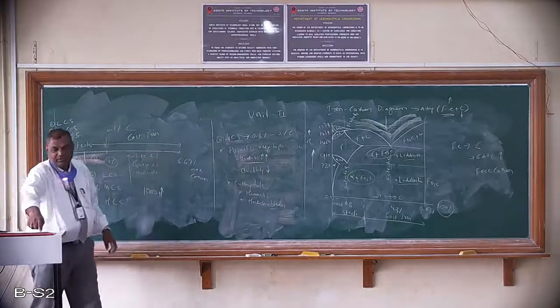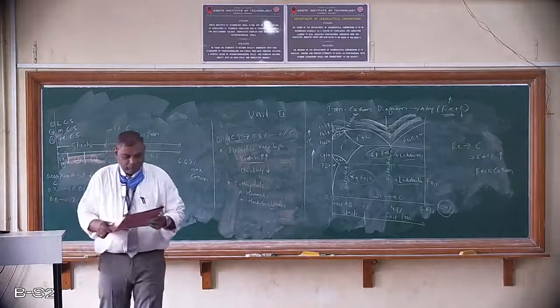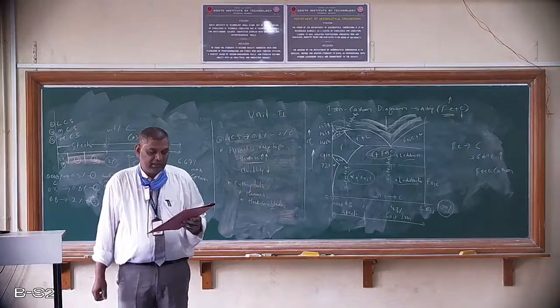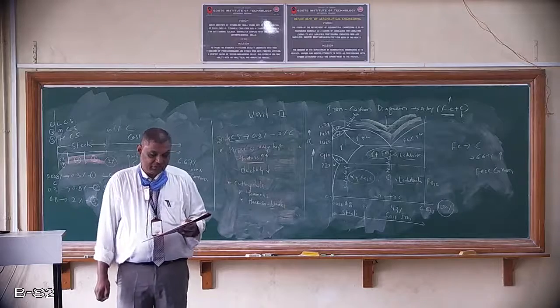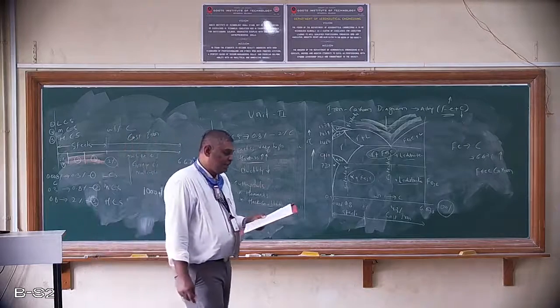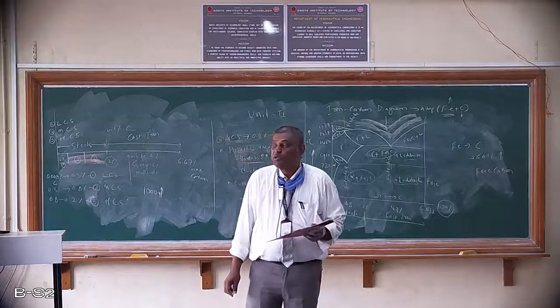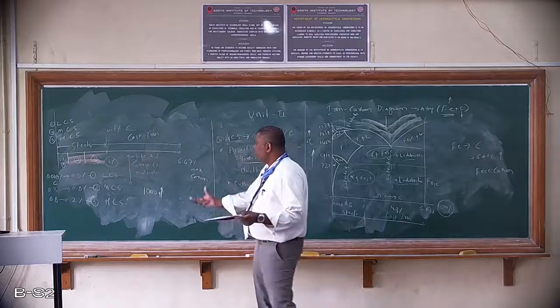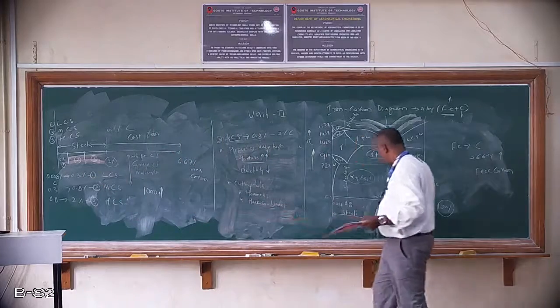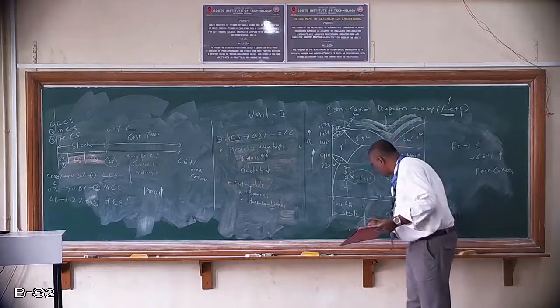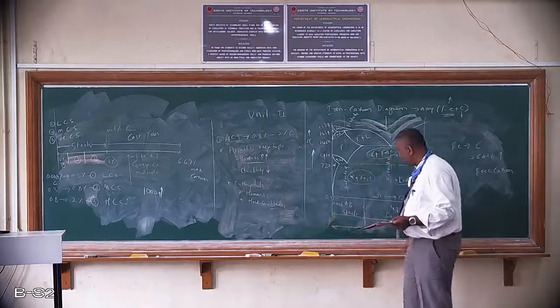Even in your syllabus, the iron carbon equilibrium diagram is mentioned. You can see here it is classified as steels and cast irons. In this iron carbon diagram, up to this percentage we can see steels.